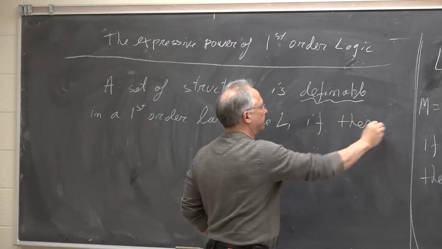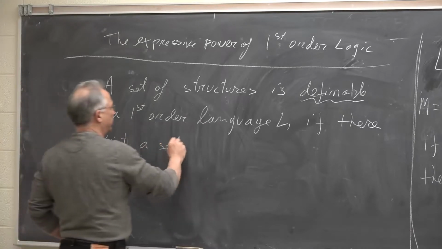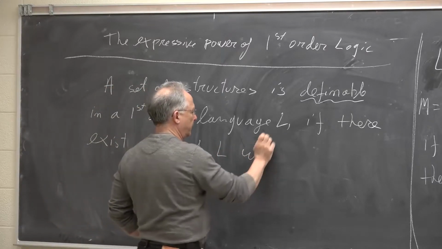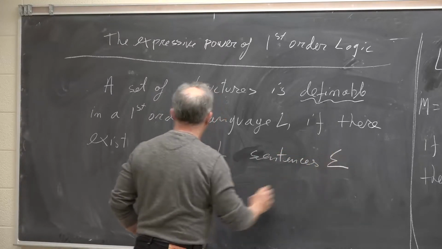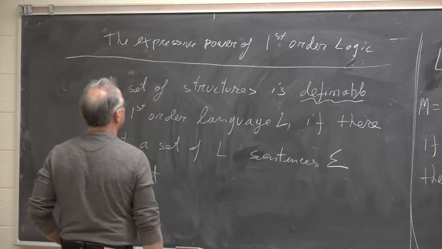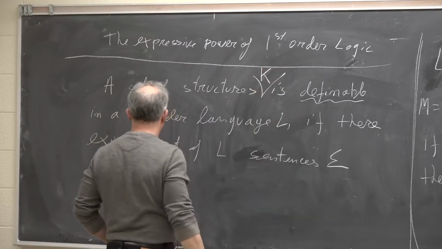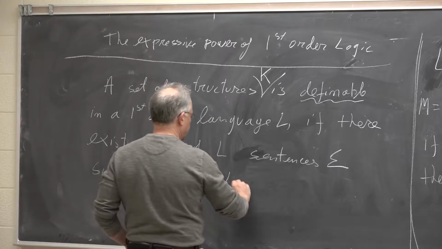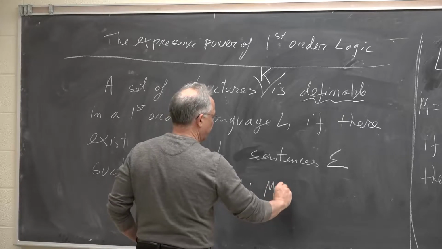there exists a set of L sentences sigma such that, let's give the set of structures a name, let's call it K, such that K is exactly the set of all structures M such that M satisfies sigma.